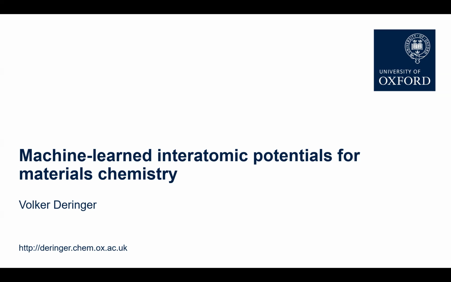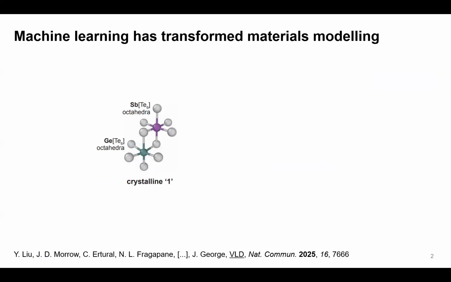And I thought I would start with one example of a type of materials where atomistic modeling has long played an important role, and where machine learning methods have played a specifically important role over the years. The material sketched here on the left is a germanium antimony tellurium compound, which is used in digital data storage.